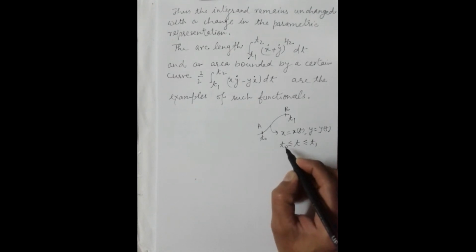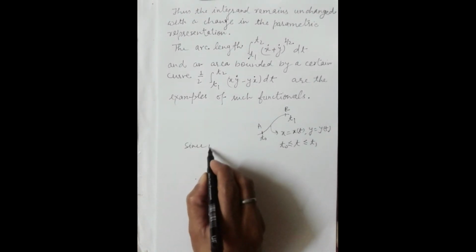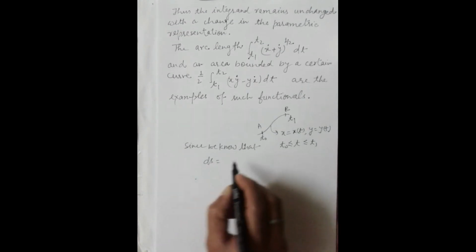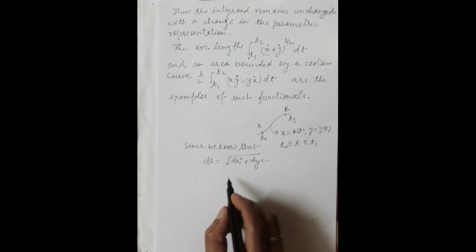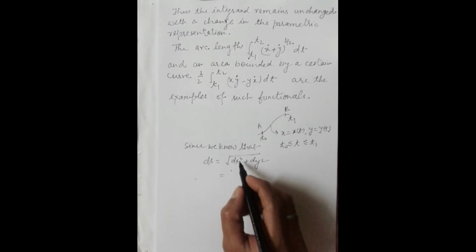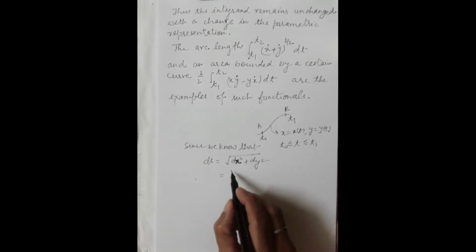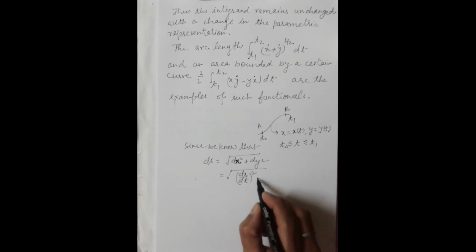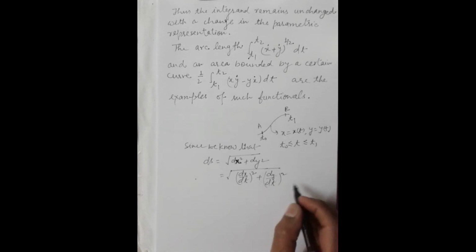Since we know that ds square is equal to dx square plus dy square, ds is equal to under root dx square plus dy square, under root (dx by dt) whole square plus (dy by dt) whole square dt.